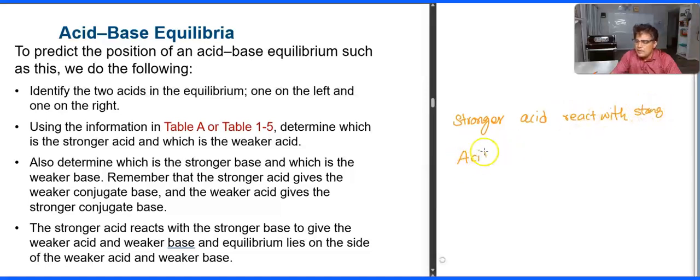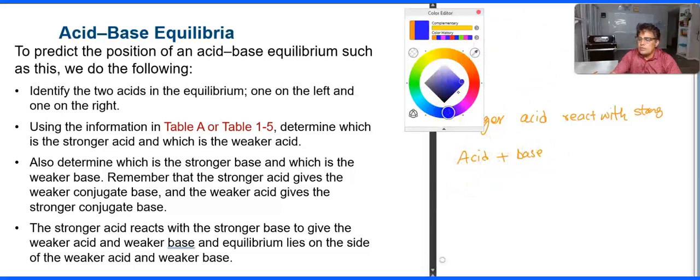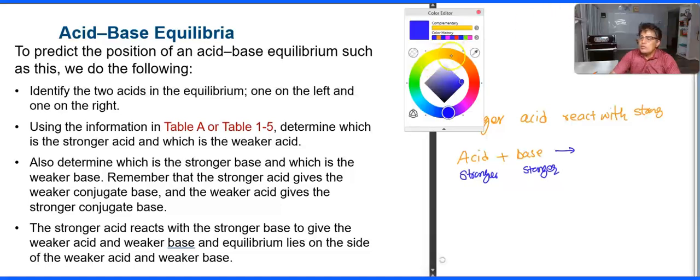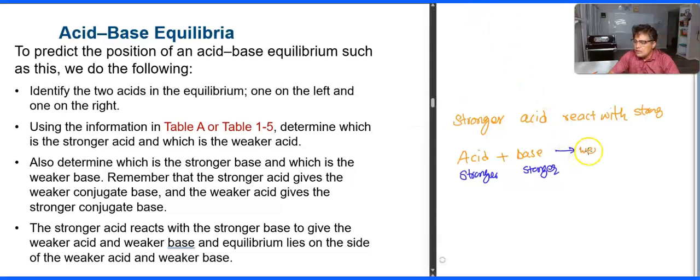If it is acid plus base, and this is the stronger acid and this is the stronger base, it gives the weaker acid plus weaker base.